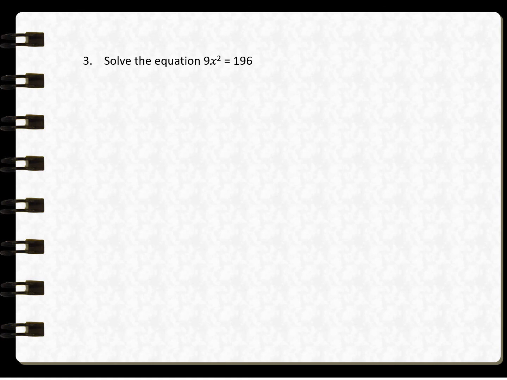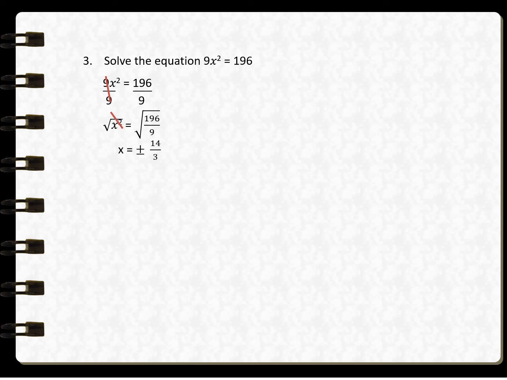Number 3. Solve the equation 9x squared equals 196. So, first step again is to divide both terms by 9 kasi yun ang katabi ng x squared para makancel natin yung 9. That gives us x squared equals 196 over 9. And then, get the square root para makancel natin siya.